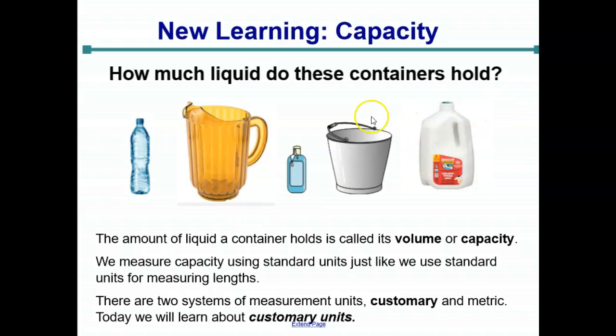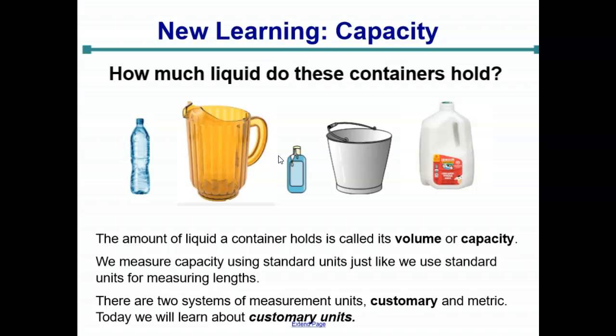So let's think of some of these containers that I found around my house. Like a water bottle holds liquid, a pitcher, a travel size shampoo, a bucket, and a jug of milk. You'll notice that all of these different objects hold a different amount of liquid. They have different capacities. So we measure different objects with different units.